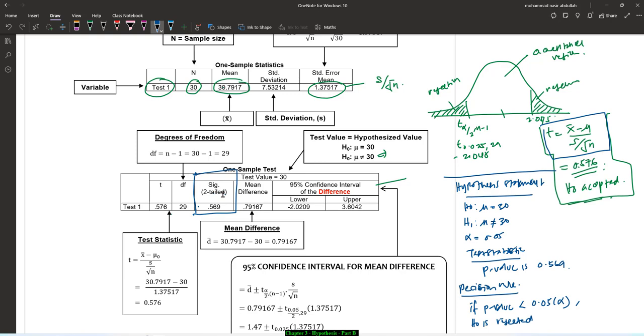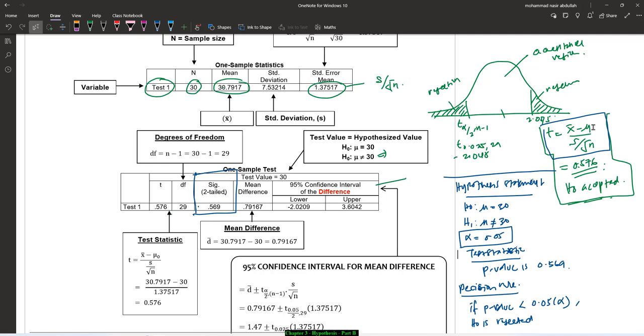Where do we get 0.05? It is based on the level of significance. Remember, if the p-value is less than 0.05, the null hypothesis is rejected. So since the p-value is more than 0.05, the null hypothesis is accepted.